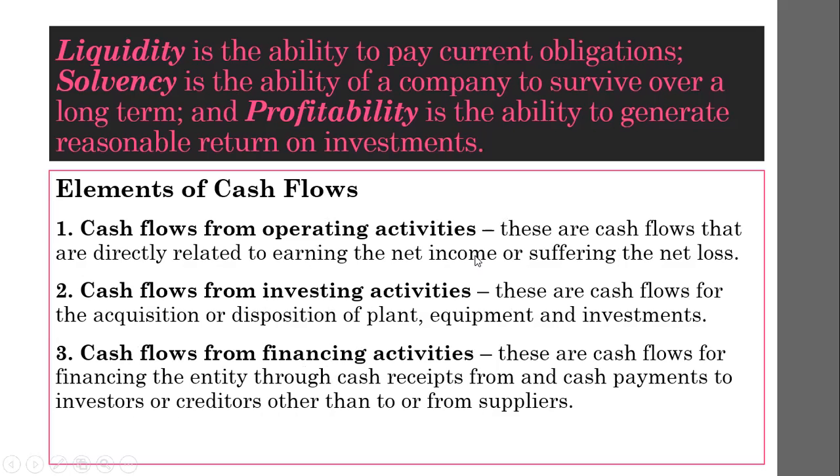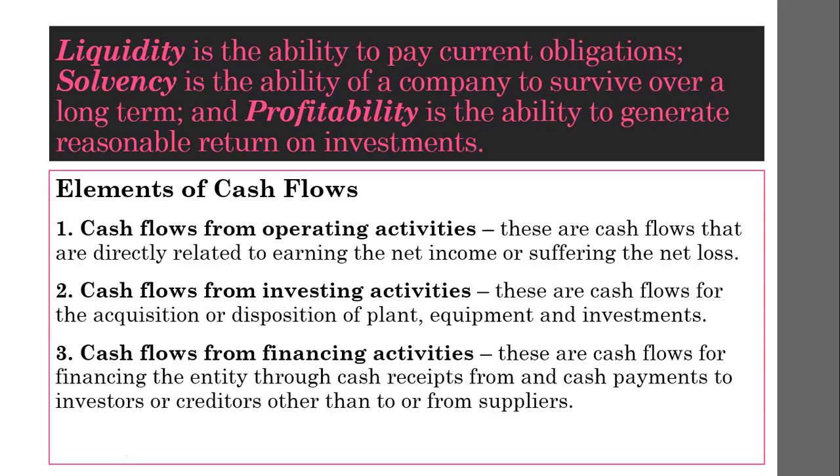As I said, operating activities can be seen in our income statement, the statement of income. These are cash flows that are directly related to earning the net income or suffering the net loss. You'll notice the net loss and net income. That's in the statement of income, promise, if you recall.